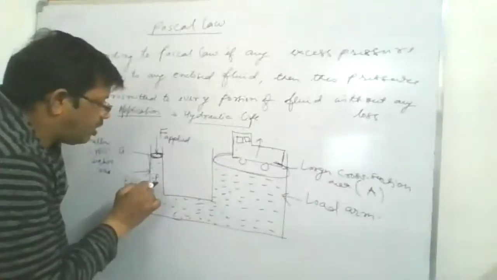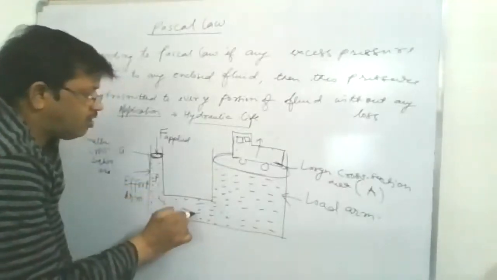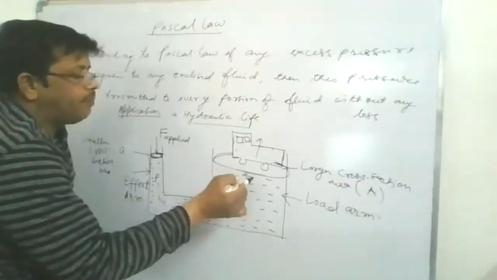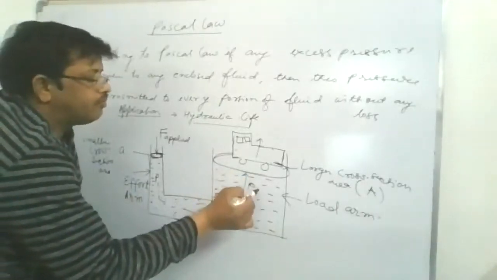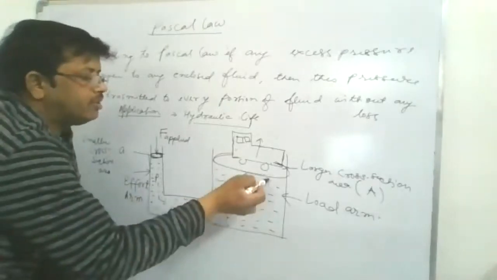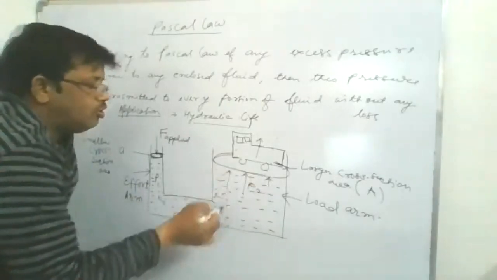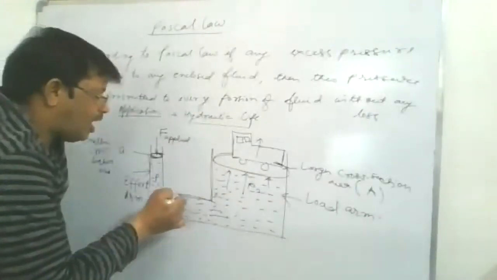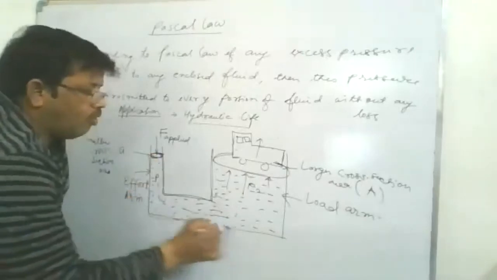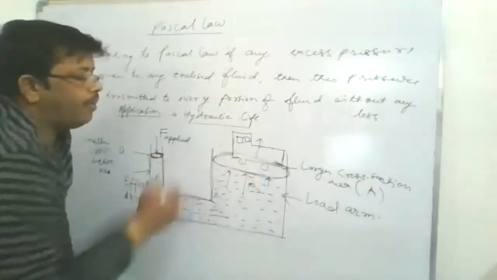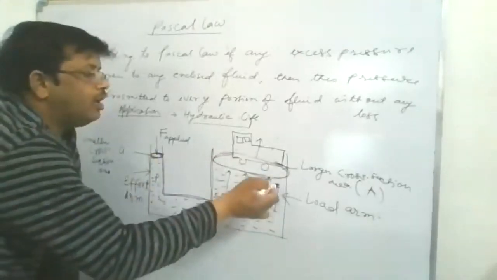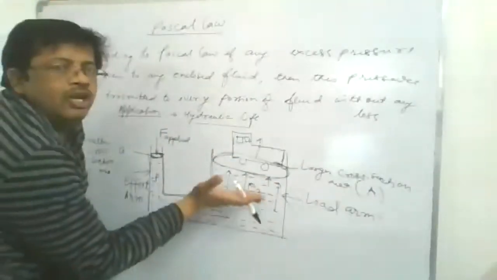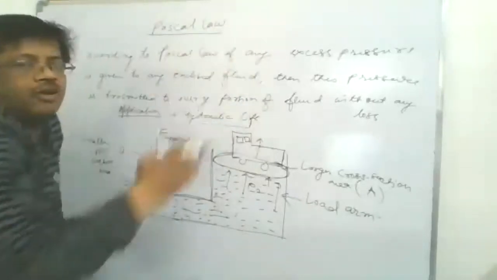Whatever pressure you give here reaches every portion of the fluid, and pressure P2 is given on this piston in the upward direction. The valve is rigid, so it will not move, but this piston is movable. So through the fluid it will exert a force on the piston in the upward direction, and it will lift up the heavy truck.